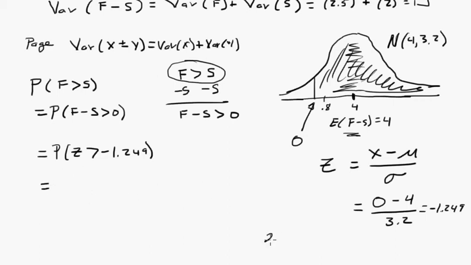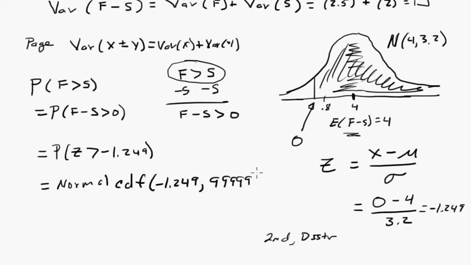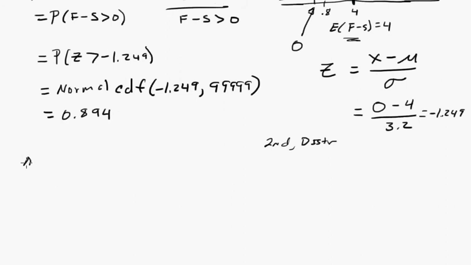I think it's called second distribute, and you find normal CDF, and we want to go from negative 1.249 to infinity, so we'll approximate that with a bunch of 9s. Okay, and then so what we get is 0.894.